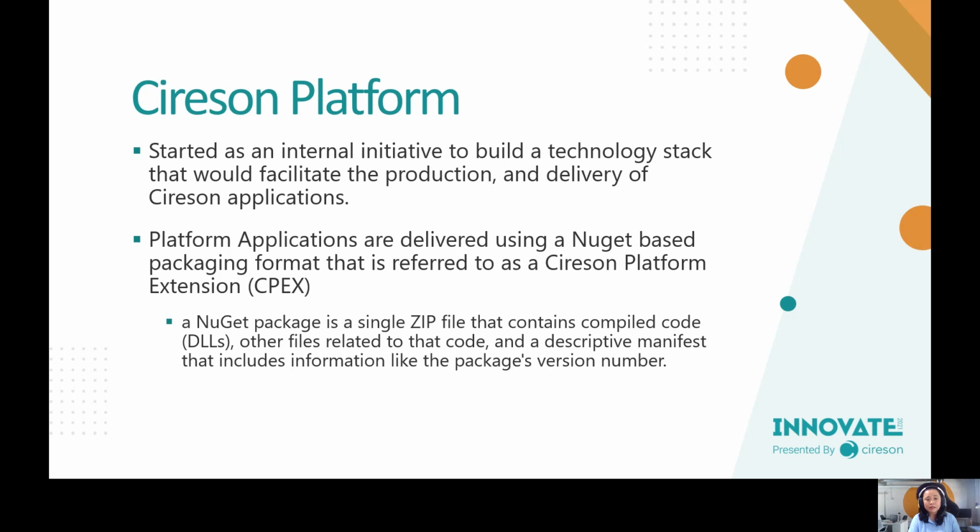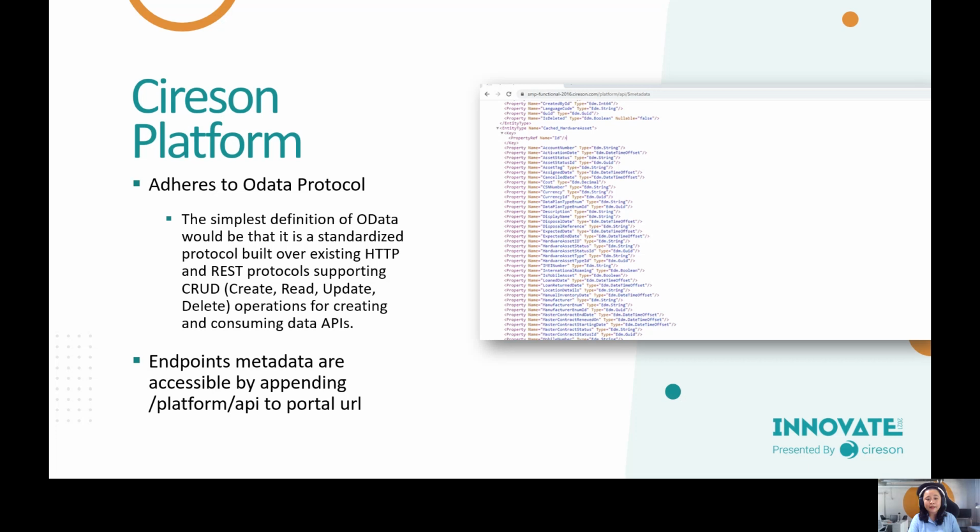And this platform API adheres to the OData version 4 protocol. So anything you can do with OData, you can do with the platform API. By the simplest definition, OData is just a standardized protocol built over existing web protocols such as HTTP or REST, which supports the CRUD operations, or the create, read, update, and delete operations.